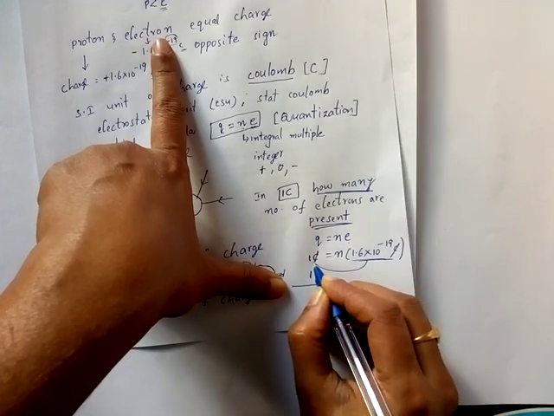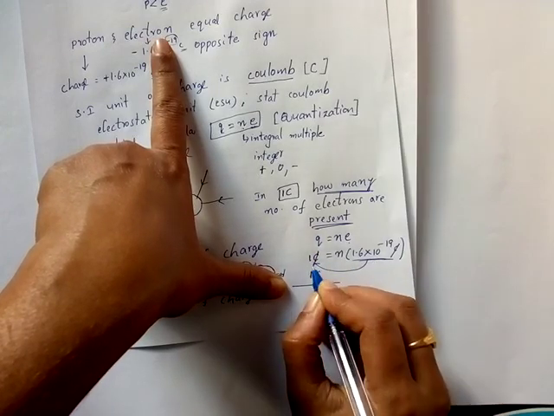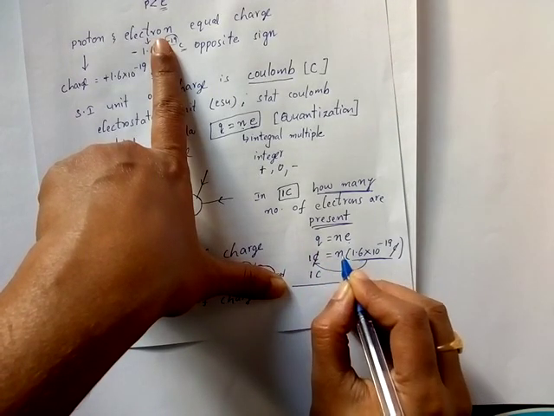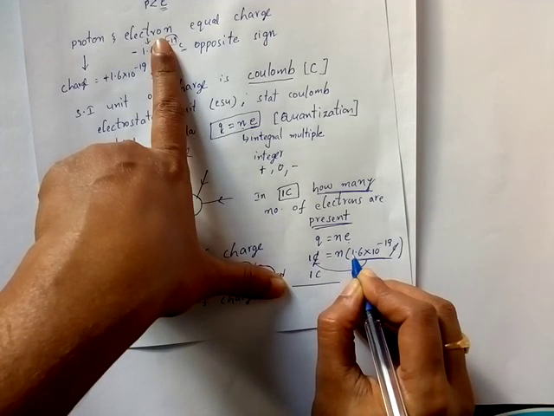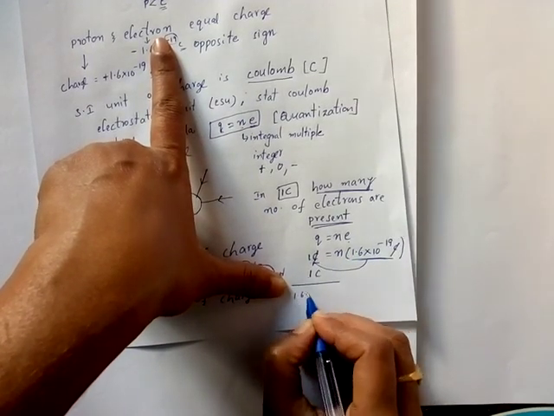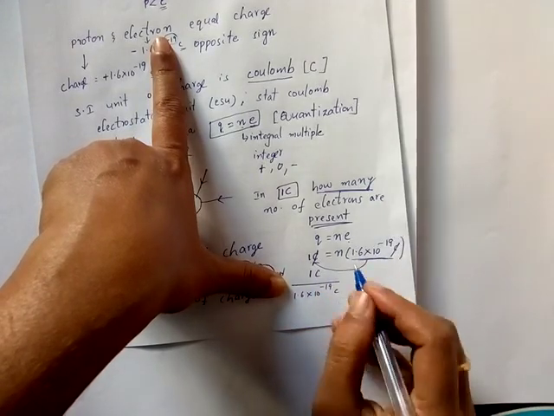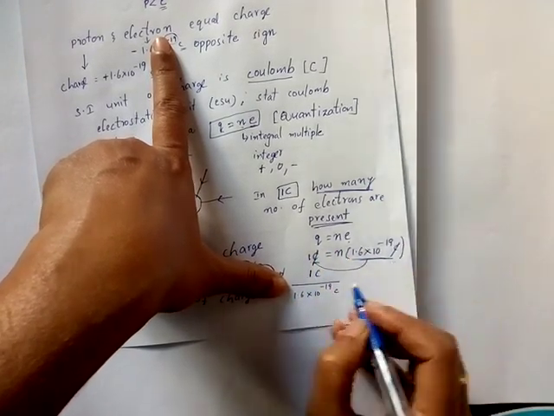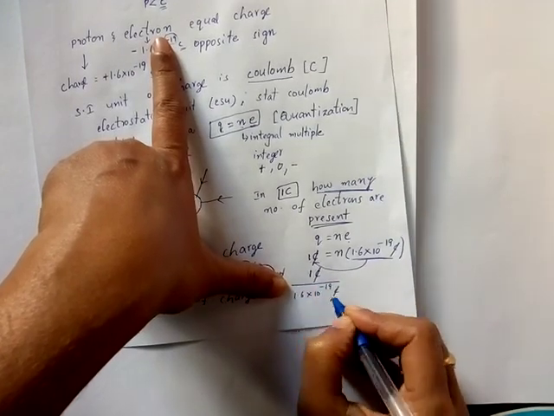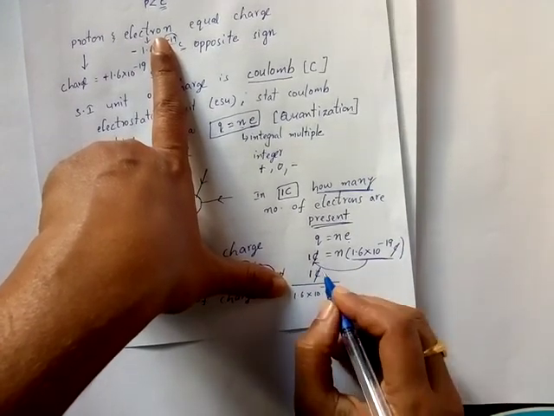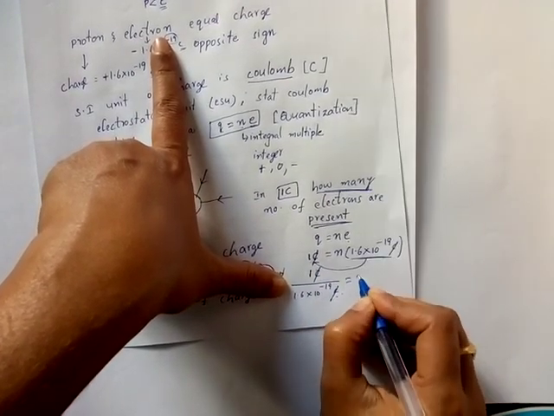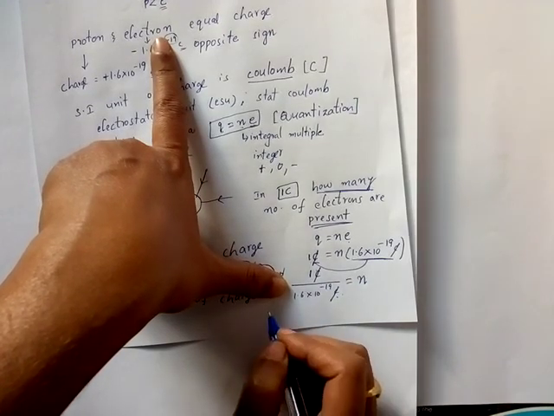This number, if you send this side, it will go to division because N into charge on electron becomes 1.6 into 10 to the power of minus 19 coulomb. I am again writing coulomb because here if I cancel, you may get some doubt. This numerator and denominator you can cancel, you know, right? Equal to N. Okay, understood.